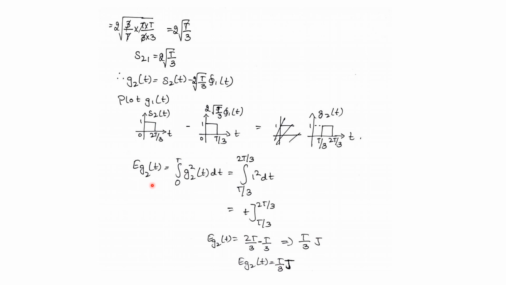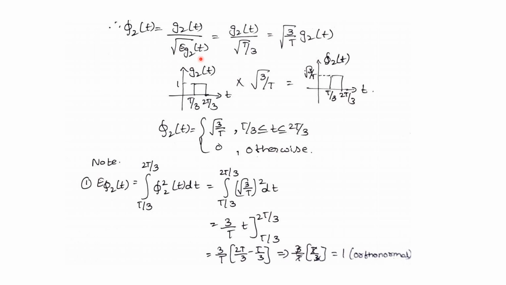Now finding the energy of g2 of t, Eg2. The formula is the integral from 0 to T of g2 of t whole square dt, and the amplitude of g2 of t is 1. 1 square is again 1. Integrating this, I am getting Eg2 as T by 3 joules.